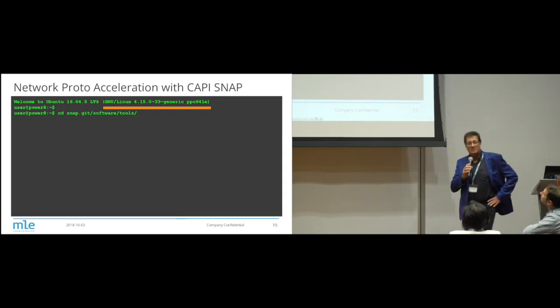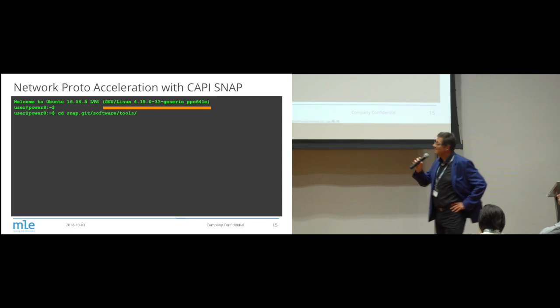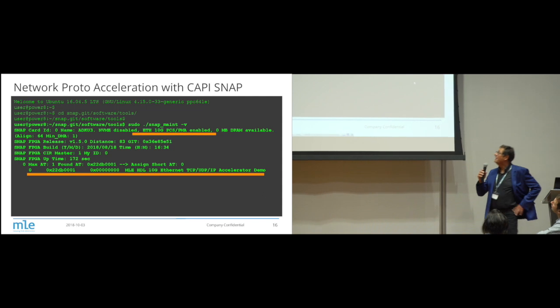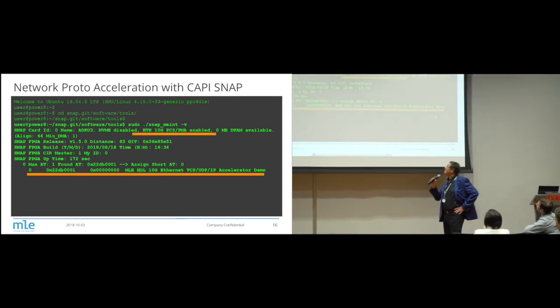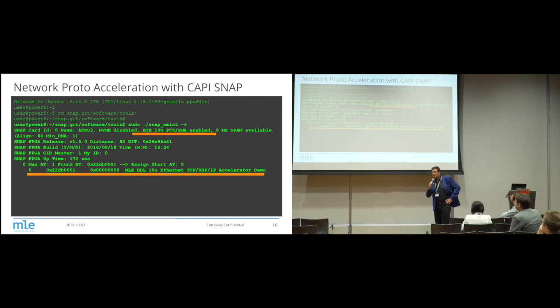So here are some results of what we implemented based on SNAP. The first is the Linux command prompt from a terminal. The first step we do is start the SNAP maintenance tools. What you can see here is the Alpha Data card with NVMe enabled and the Ethernet 10 gig PCS PMA layer enabled.